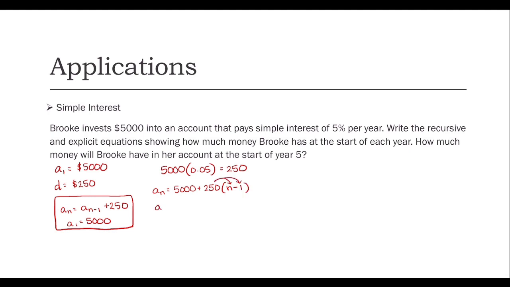So we get an equals 5,000 plus 250n minus 250. So our explicit equation is an equals 4,750 plus 250n.